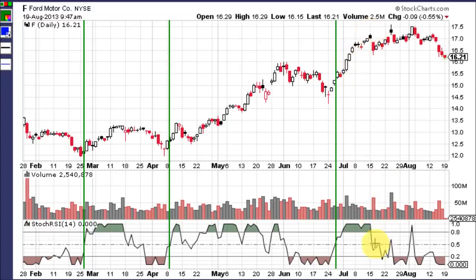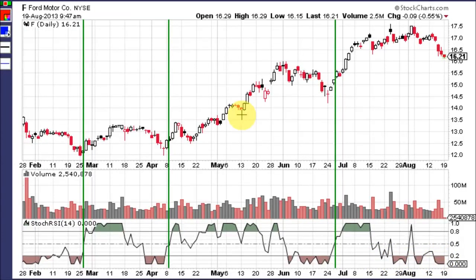Here was early warning that it was starting to have trouble, falling through the 0.5 line, becomes very oversold below 0.2 and remains bearish. Now let's look at the bearish signals that Stoch RSI has given on this chart for Ford.